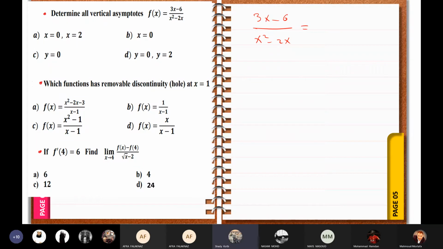At x equal to 2. Why at x equal to 2? If you take x minus 2 as a common factor here, and x as a common factor down, then x minus 2 is the removable factor, so we have a hole at x equals what? x equals 2. Here is the same question, but he is just asking the same question I asked here. Which function has removable discontinuity? Means hole at x equals 1.